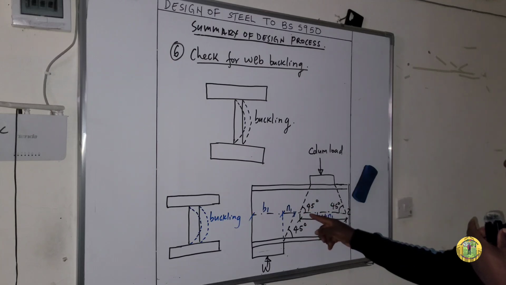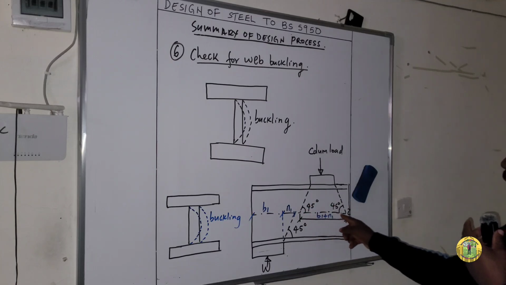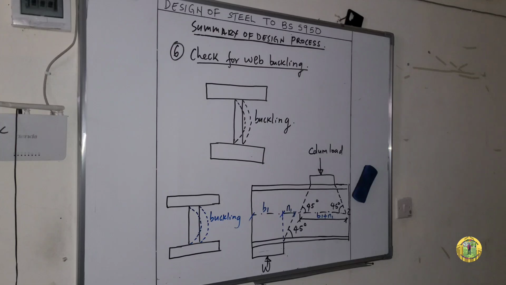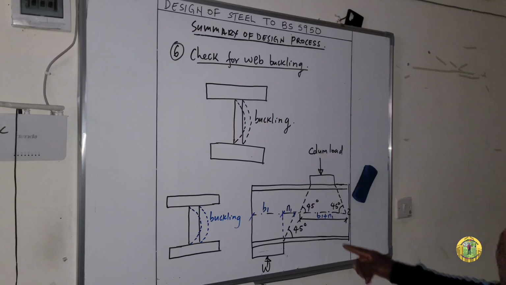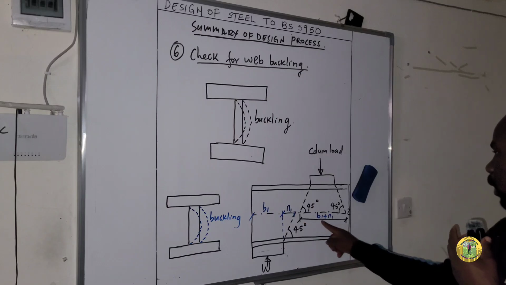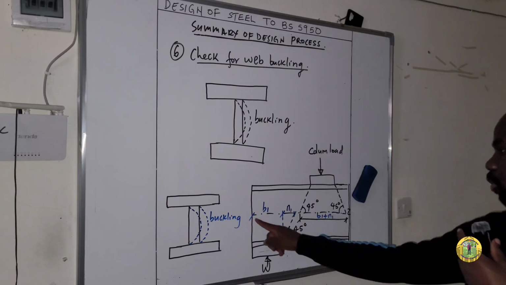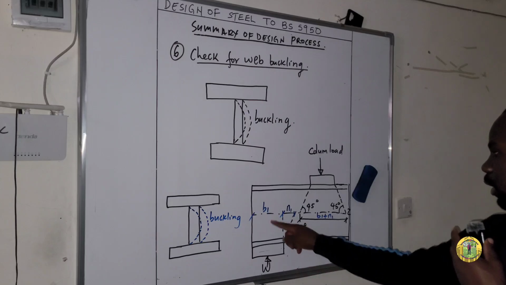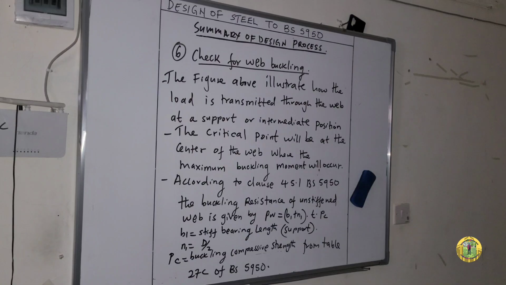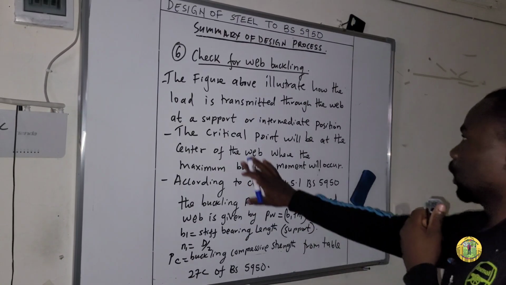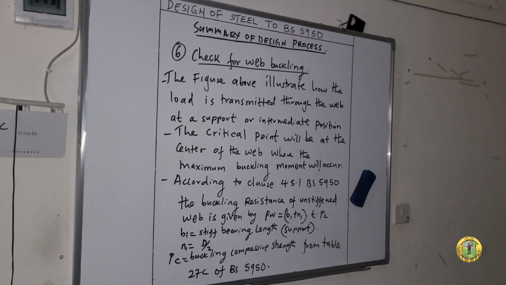It will be transferred at 45 degrees, also at 45 degrees, and this is the force from the web, which will also be transferred at 45 degrees. So the distance from here to here is B1 plus N1, from here to here is B1, and from here to here is N1. This is the statement concerning the figure I have shown you.